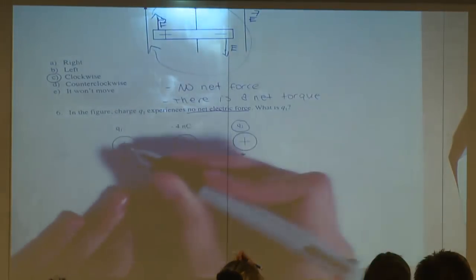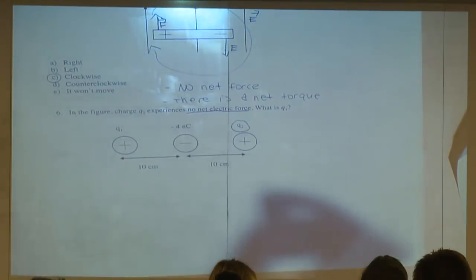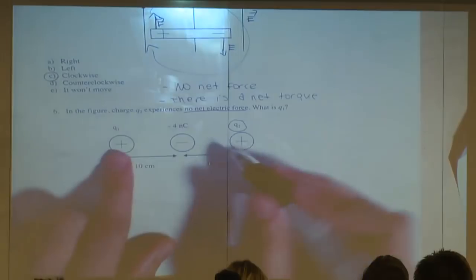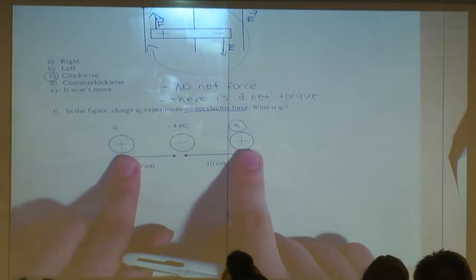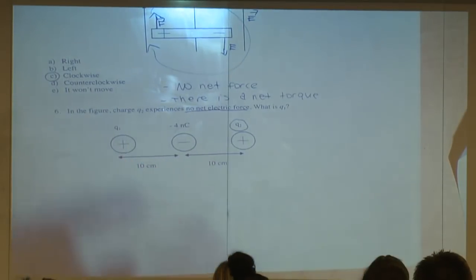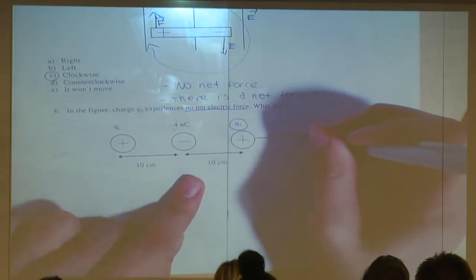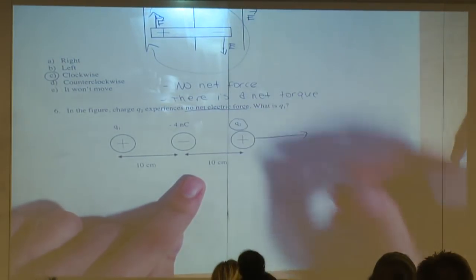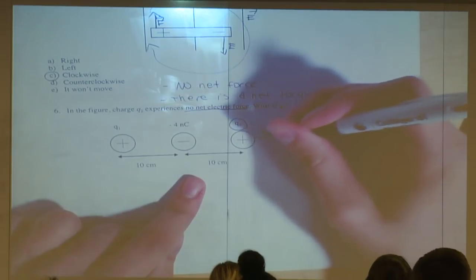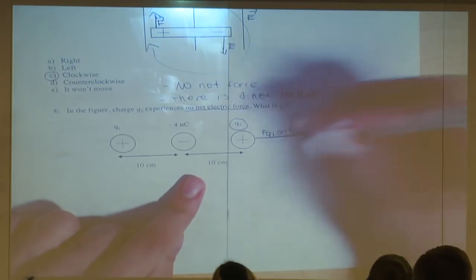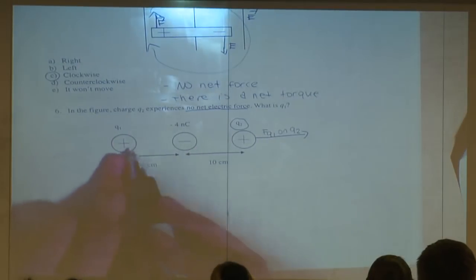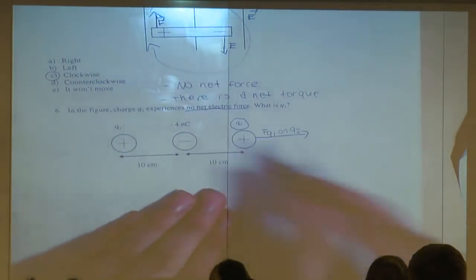So let's look at the force it's going to feel from Q1 first. These are both positive, so there's going to be a repulsive force, right? So Q1 is going to want to push Q2 over this way. So this is going to be F of Q1 on Q2. And that makes sense, right? Because they don't want to be together, so Q1 is pushing Q2 away.